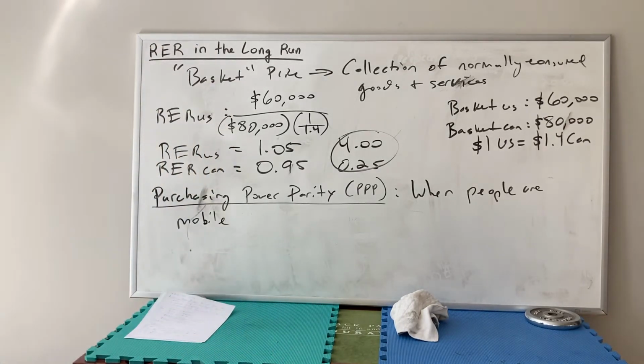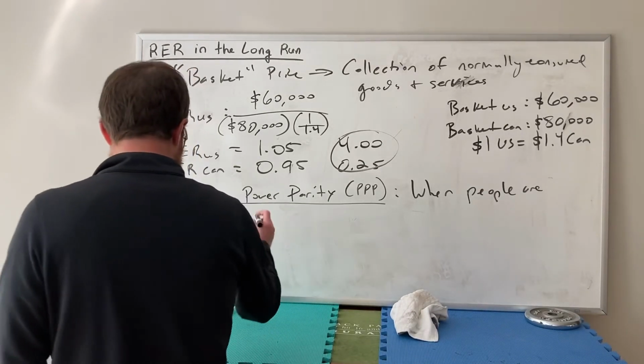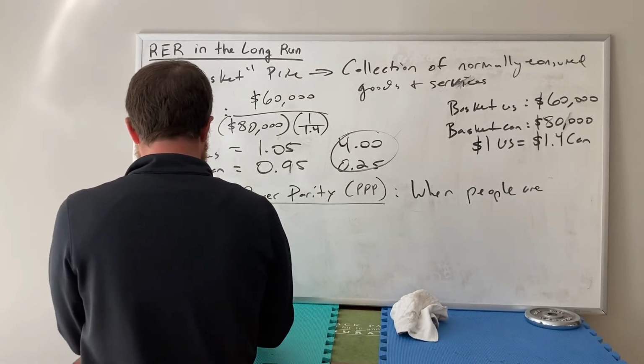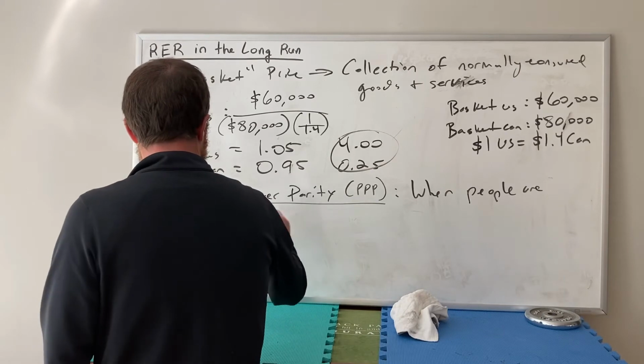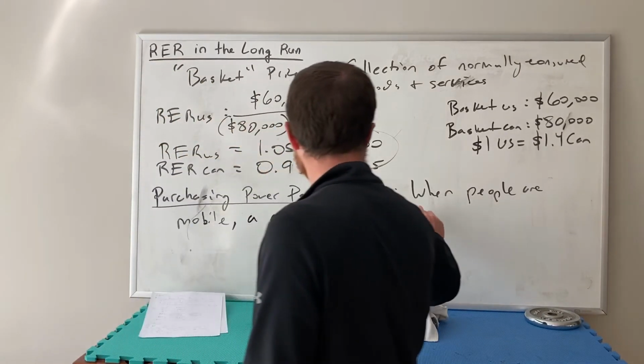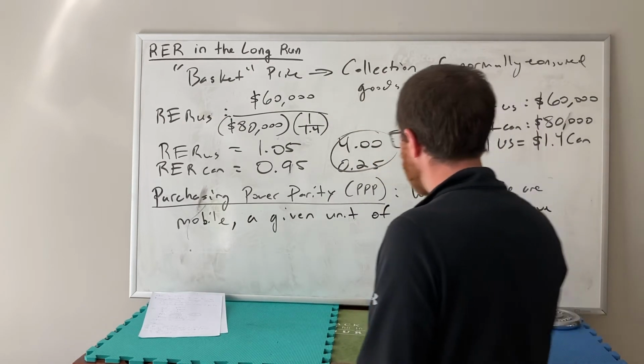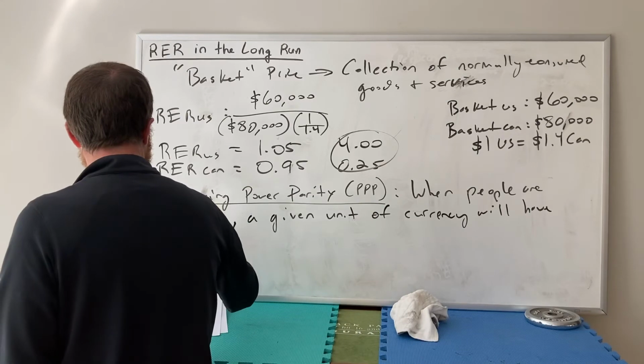So purchasing power parity is the idea that when people are mobile, a given unit of currency, such as the dollar, will have roughly the same buying power everywhere.